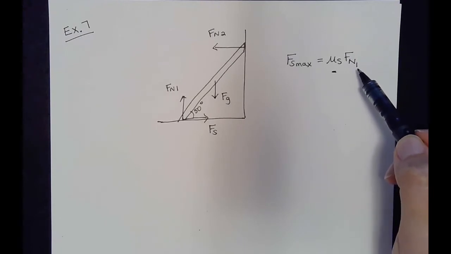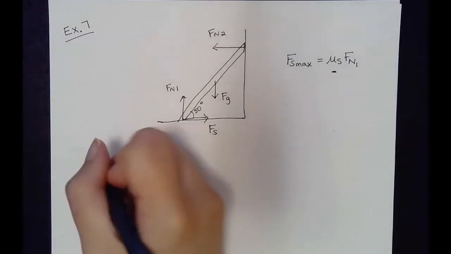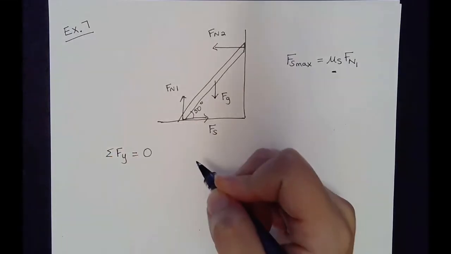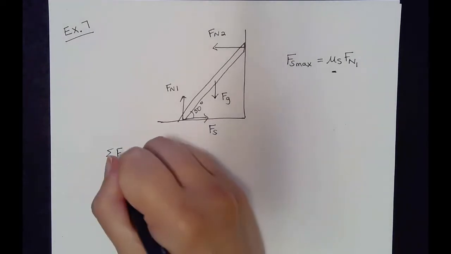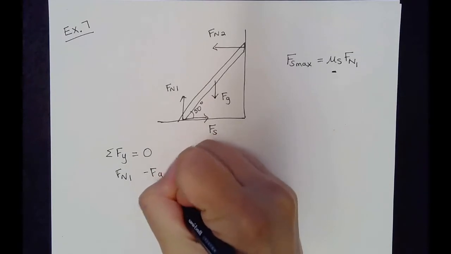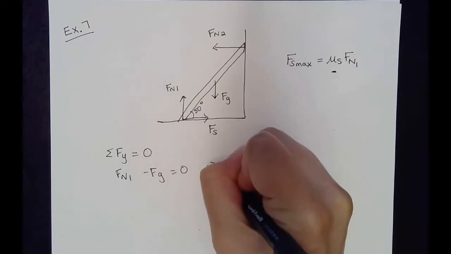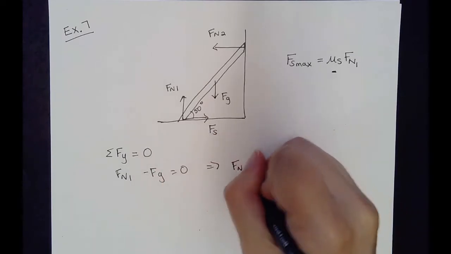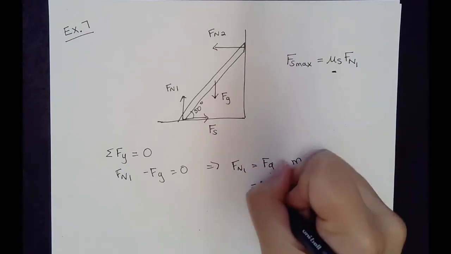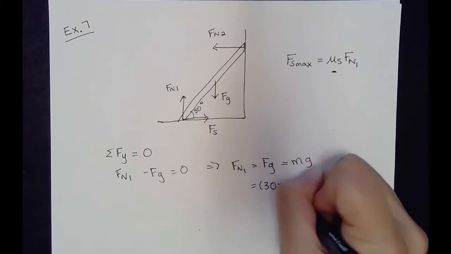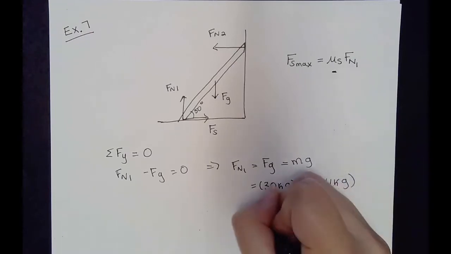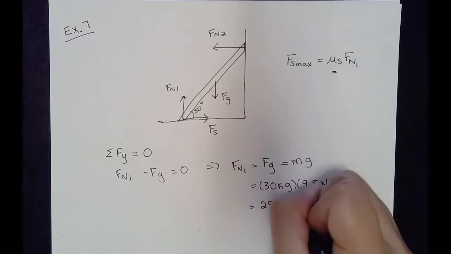So let's start by applying the first condition of equilibrium. So the sum of all the y forces equals 0. So in the y direction, we have Fn1, which is upwards, minus Fg equals 0. So we know that Fn1 equals Fg, which is mg. So 30 kilograms times 9.8 newtons per kilogram, which is 294 newtons.